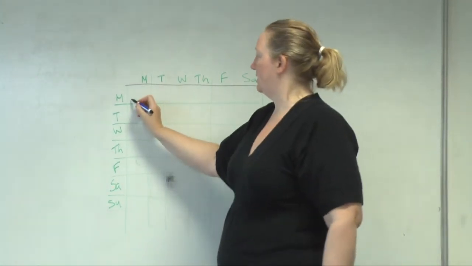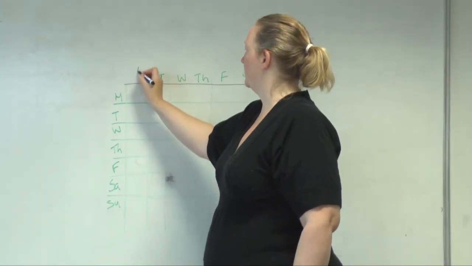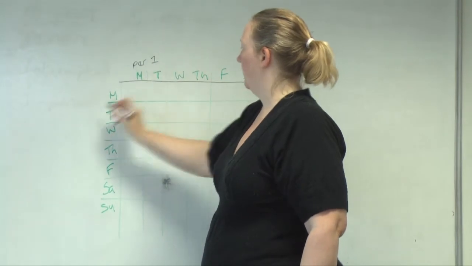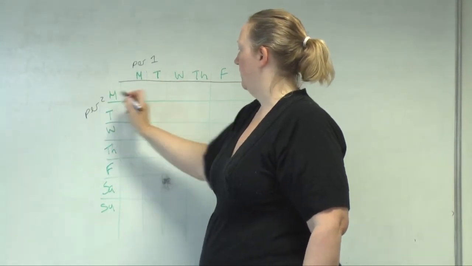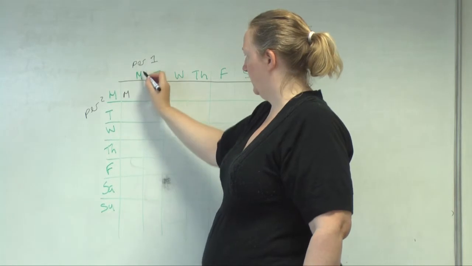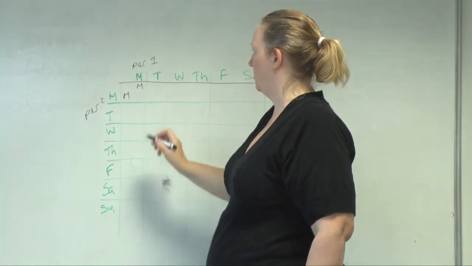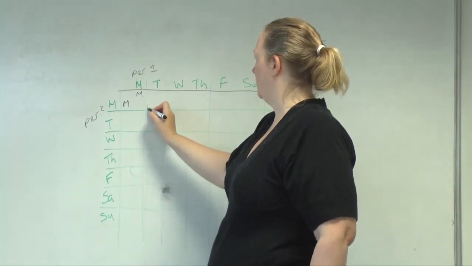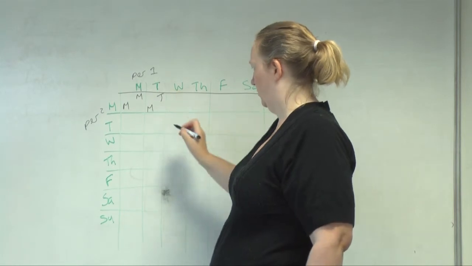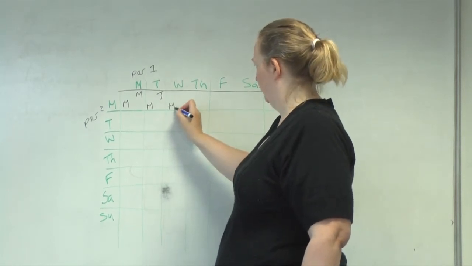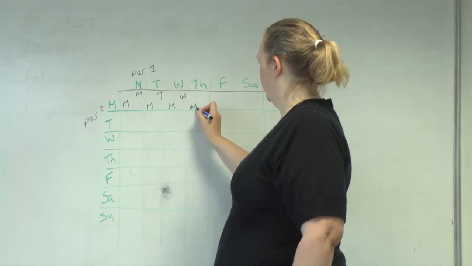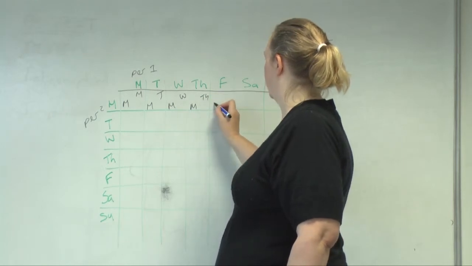So on this, this is person 1 up here, and this is person 2 here. So person 2 can be born on a Monday, person 1 can be born on a Monday, person 2 a Monday, person 1 a Tuesday, and so on. So you get all your possible pairs.